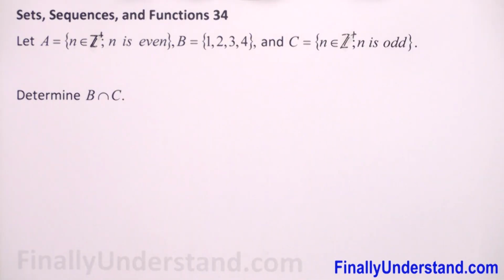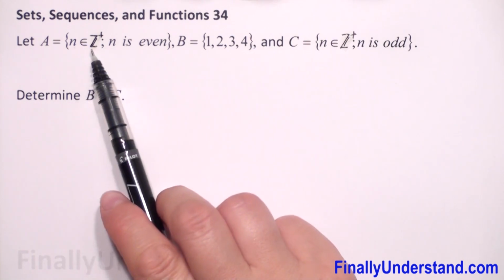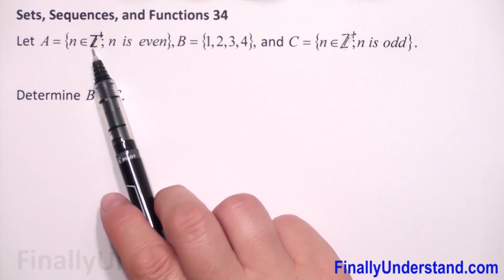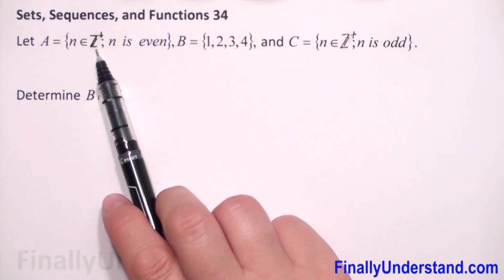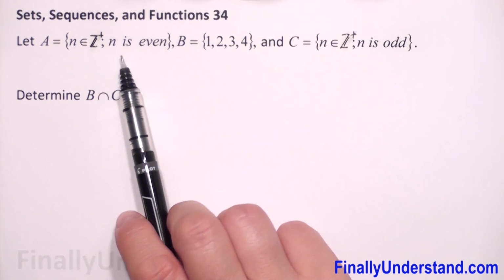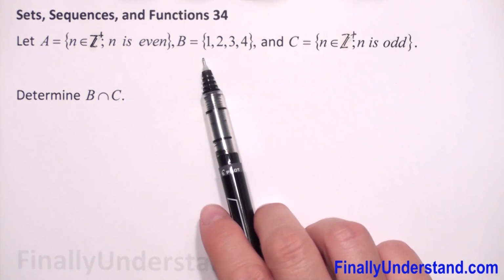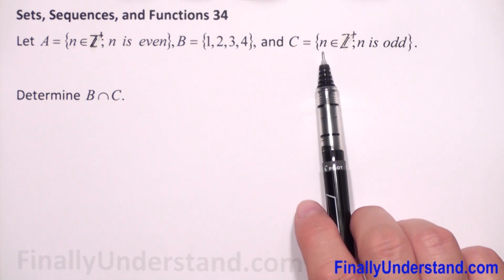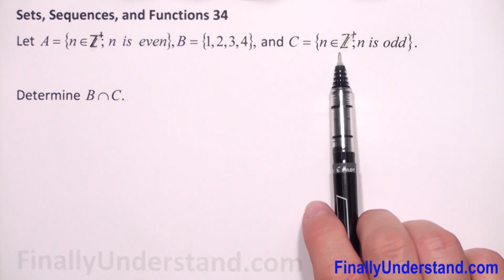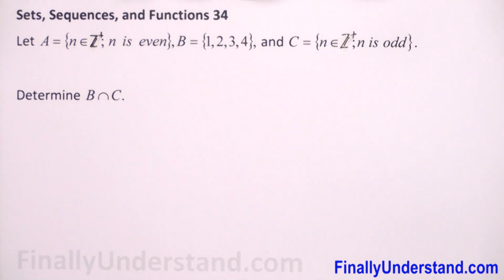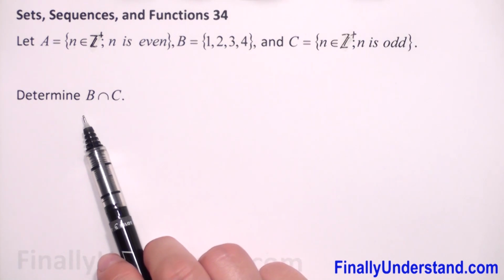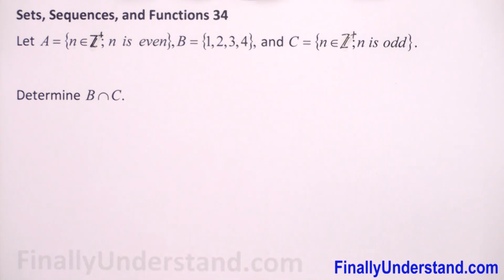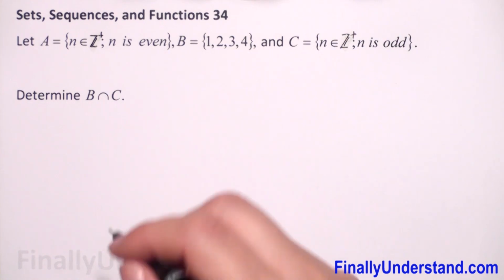We have given sets A, B, C. Set A has elements which are positive integers, so with Z means we have to choose only positive integers, and N is even. B has elements 1, 2, 3, 4, and C has elements, again, all positive integers and odd. In this example, we have to find intersection of sets B and C. So first, let me remind you the definition.